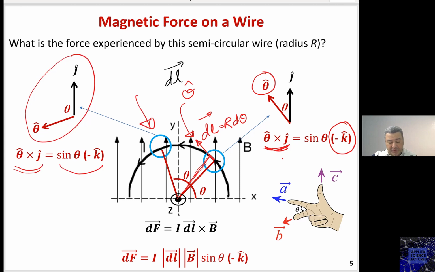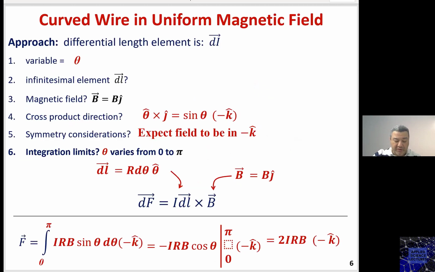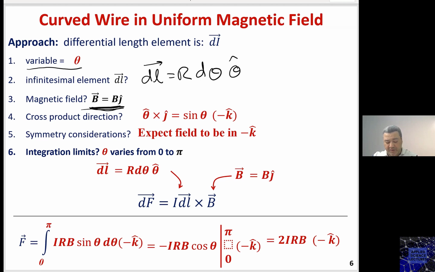So having said that, now let's put all those together to calculate the force. We said that our variable is theta, and our infinitesimal element dl is r d theta, theta hat, and we have defined theta hat to be the tangential component on this semicircular path right at the location of the radial point. Then the magnetic field is uniform, pointing in the positive y direction.